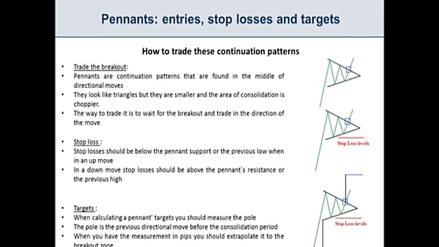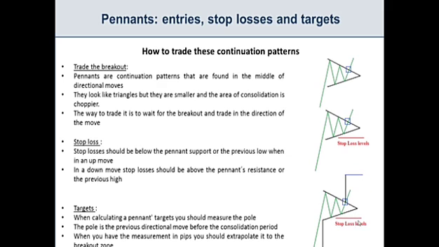As you can see here, we are in an up move, and right before we got into this pennant, we calculate from the low until the pennant's start, and we extrapolate this measurement to the breakout zone so we can get our targets. And when we do have the breakout, we have our stop loss levels and our target levels.